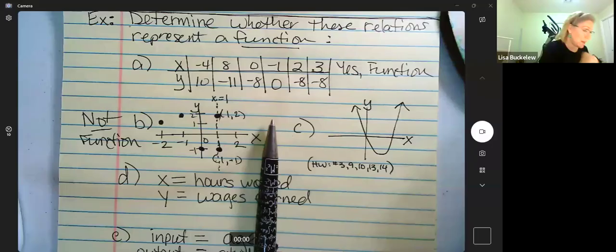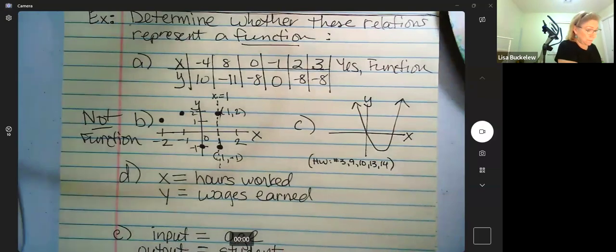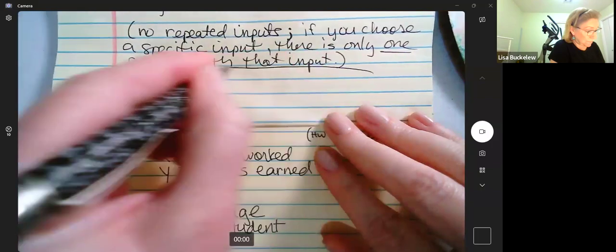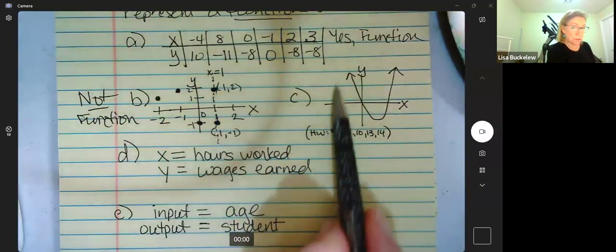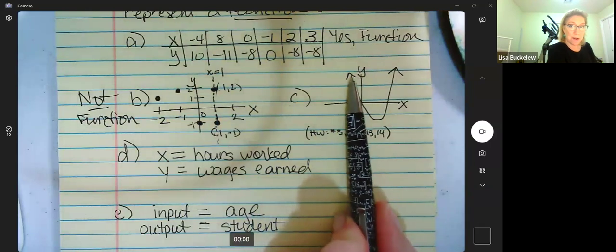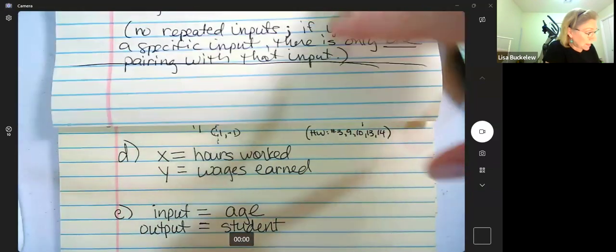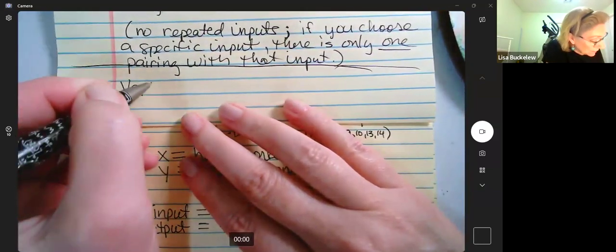Let me give you another kind of definition here. When you're just looking at the picture and you're just taking, in your mind anyway, a vertical line and you're just kind of sliding it across to see if it ever hits it more than once, that's just a visual test, and we call that the vertical line test.